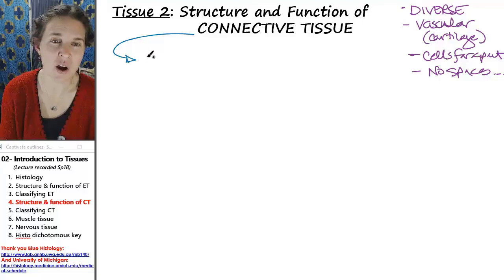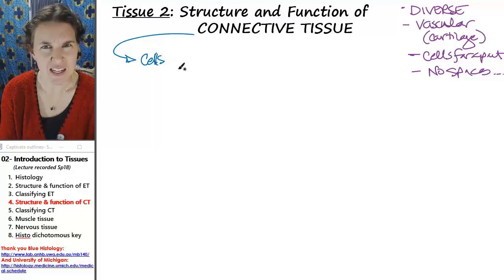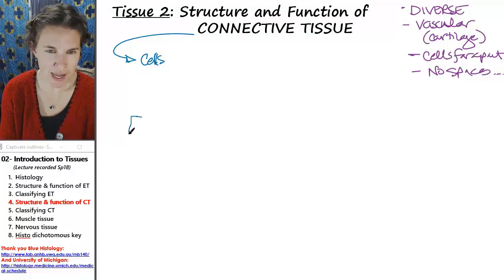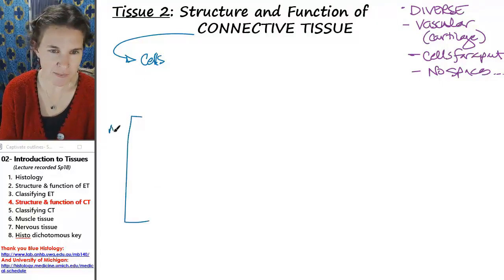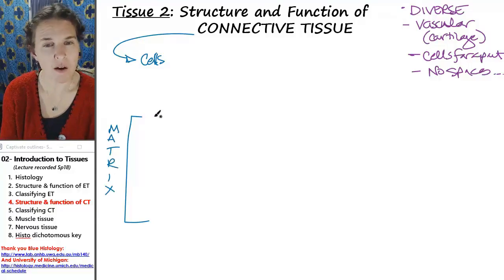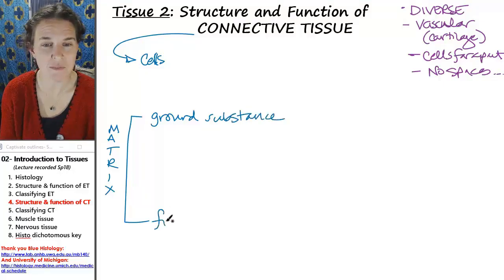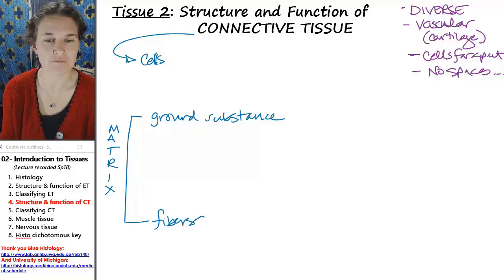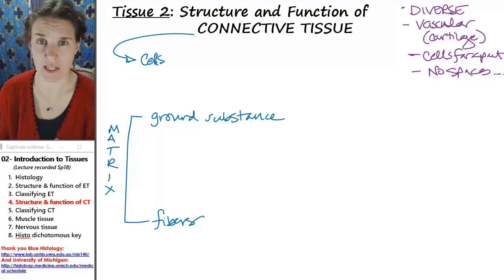Connective tissues are cells embedded in a matrix of ground substance and fibers. But of course, that is what a connective tissue is.